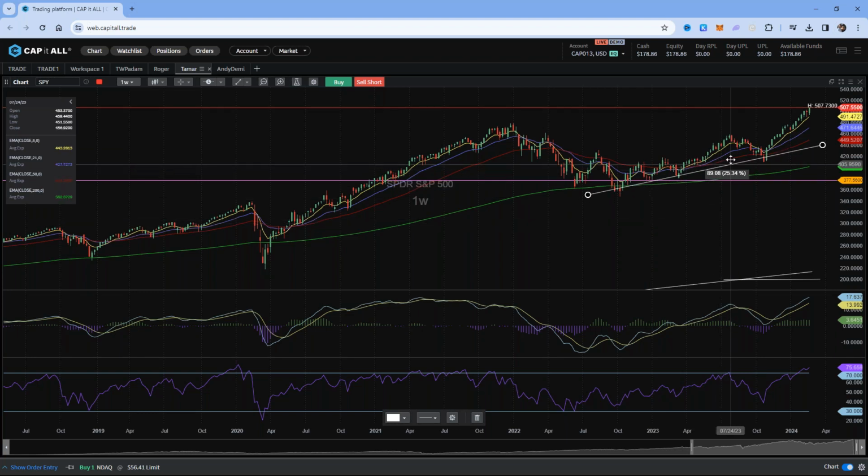On the flip side, if this market is strong, then maybe a pullback into here, which is also old resistance, so somewhere like around there.